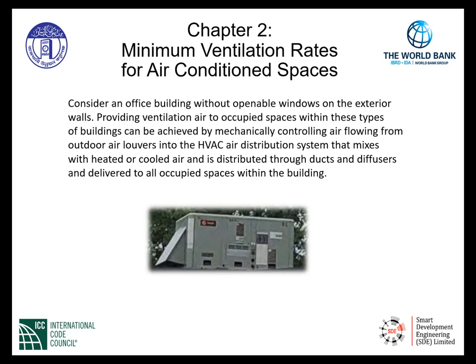Consider an office building without openable windows on the exterior walls. Providing ventilation air to occupied spaces within these types of buildings can be achieved by mechanically controlling air flowing from outdoor air louvers into the HVAC air distribution system that mixes with heated or cooled air and is distributed throughout ducts and diffusers and delivered to all occupied spaces within the building.